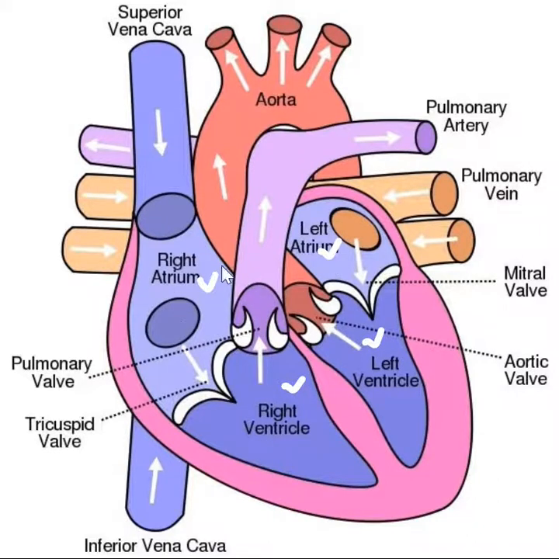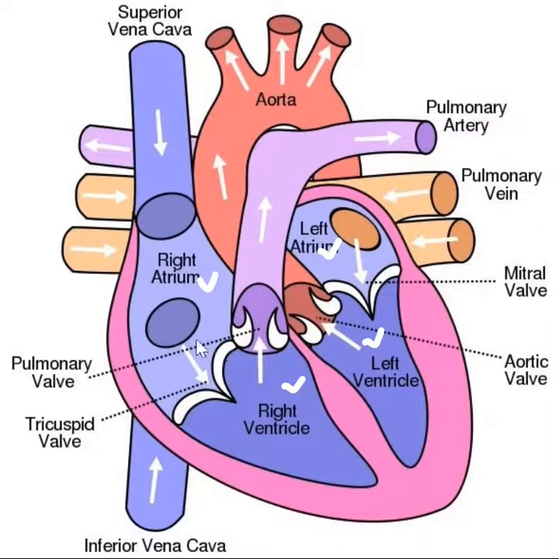The right atrium is a thin-walled chamber and is larger than the left atrium. You can see the right atrium is larger than the left atrium.